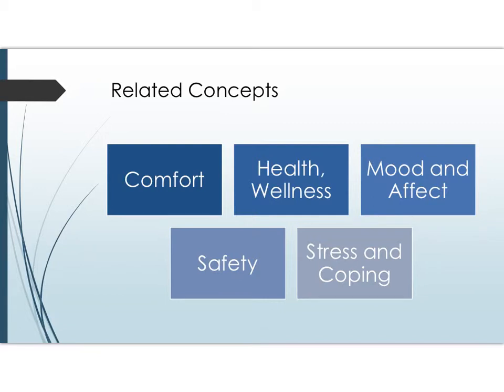And the lifespan considerations of the elderly lead to an increased risk of falls. And then stress and coping, we know decreased mobility causes increased stress in our patients, and they could have a difficult time coping with this, and we certainly would want to assess for this.